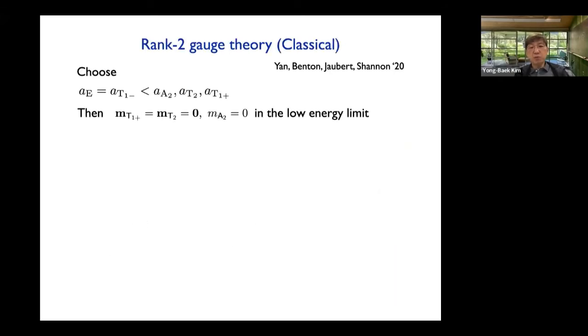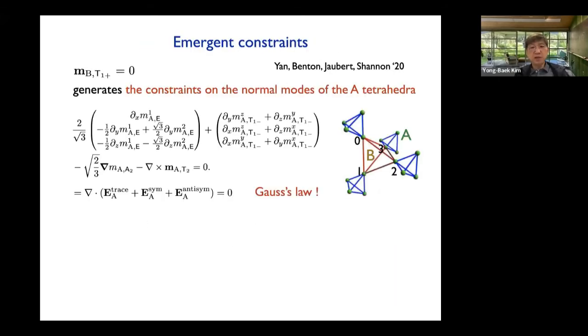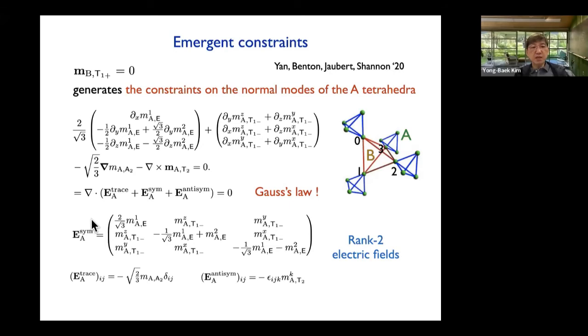And so, okay, sorry for that. So basically, you can define a rank 2 electric field. There is a symmetric traceless part of the rank 2 electric field tensor like this. And then there's the anti-symmetric piece, and there's a part that gives you a finite trace.